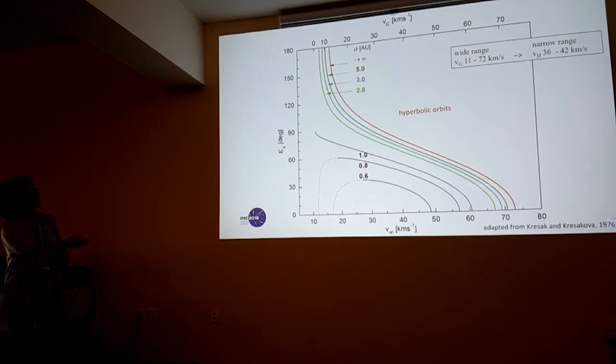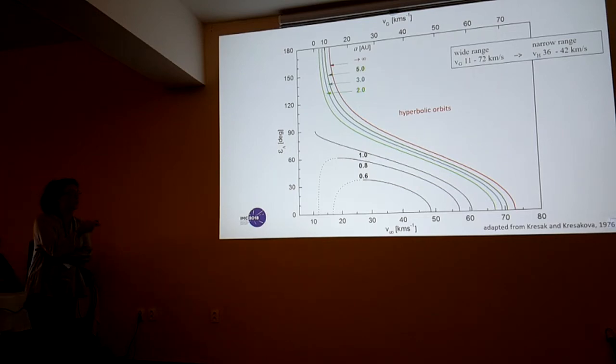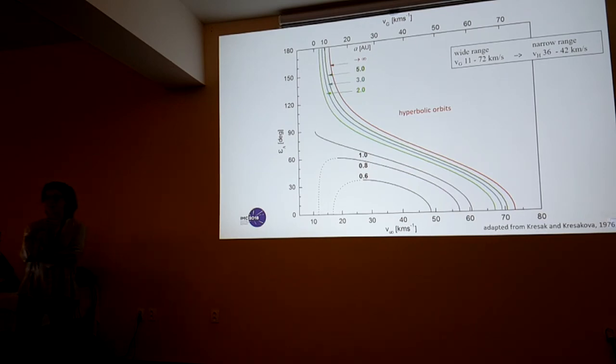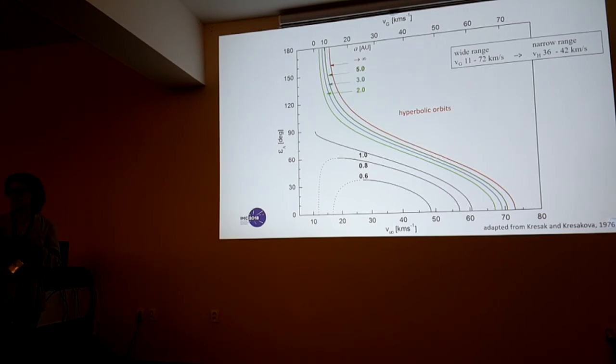These black lines represent orbits which have aphelia close to the Earth's orbit. The dotted parts are the particles which are overtaken by the Earth, and these solid lines are the particles which encounter the Earth head-on.